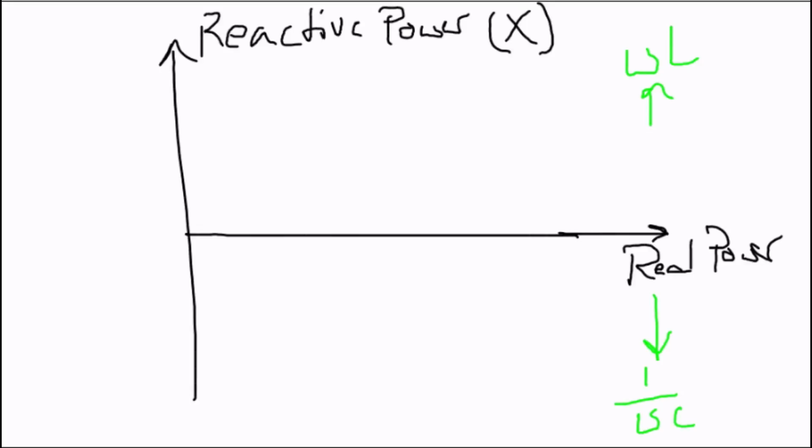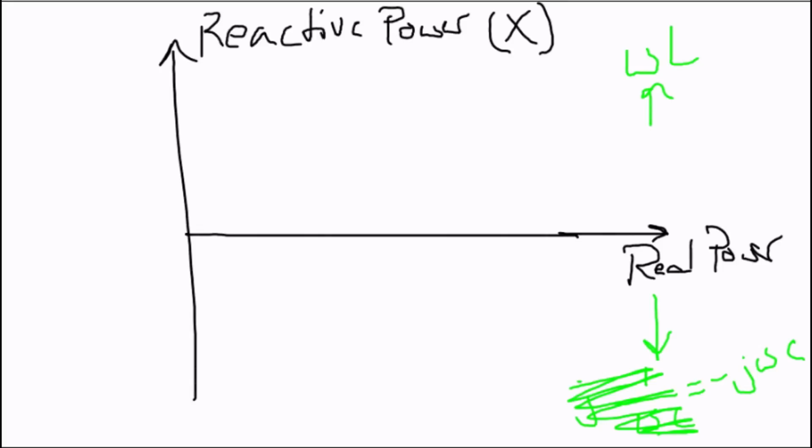Actually, 1 over omega C is J times 1 over omega C, J being kind of like i, on the imaginary axis, and really that's the same as negative J over omega C. The negative tells you that it's downward on this imaginary axis.